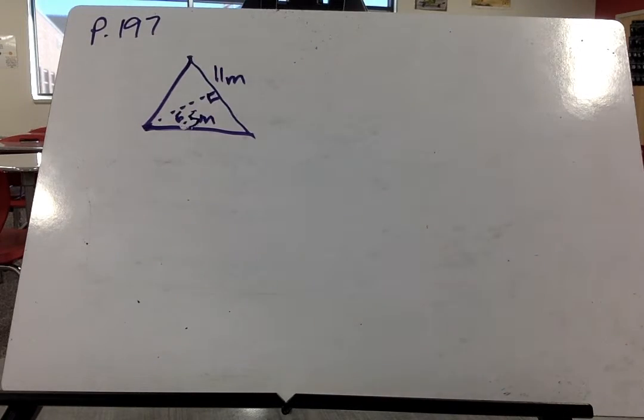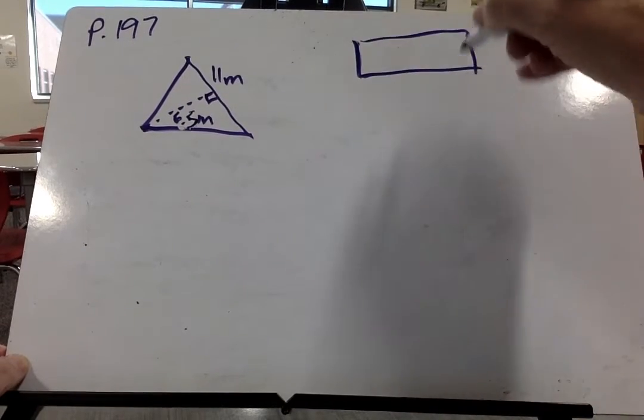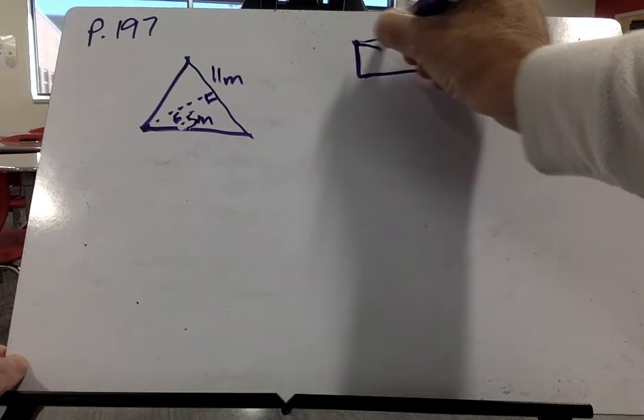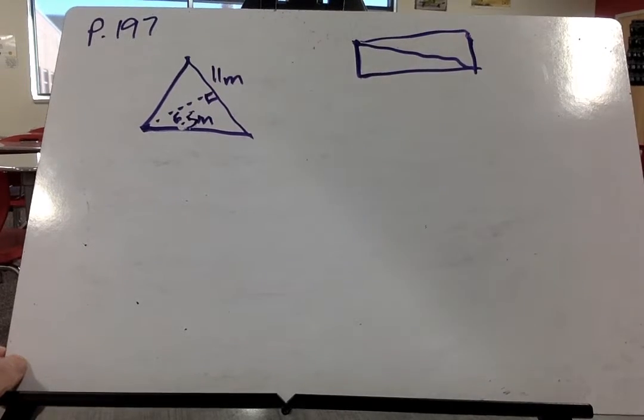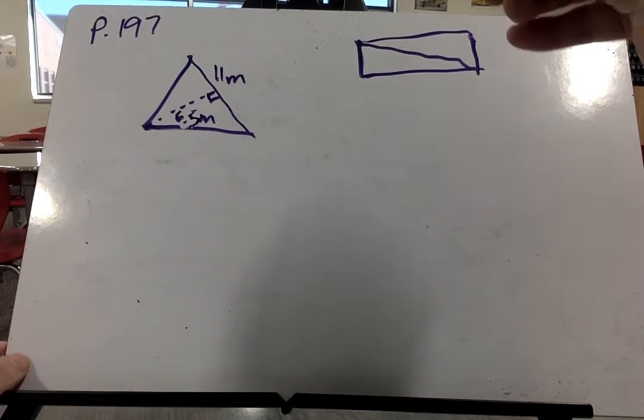And the area of a triangle, if you look at the diagram below where it has a rectangle, what do we know about that? The idea for area of a rectangle for a triangle equation.